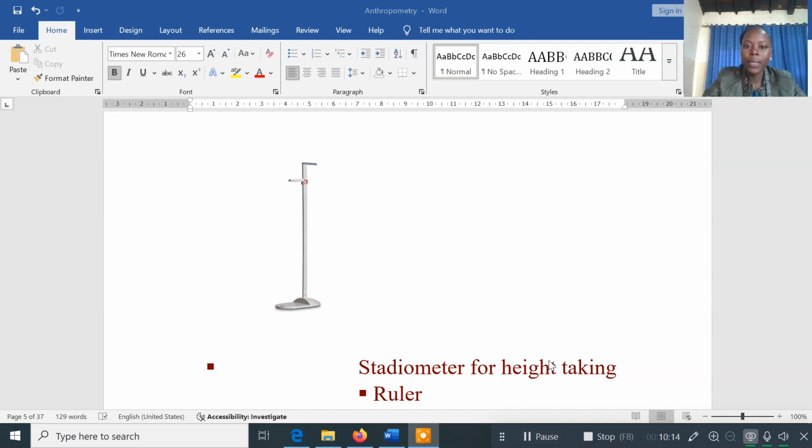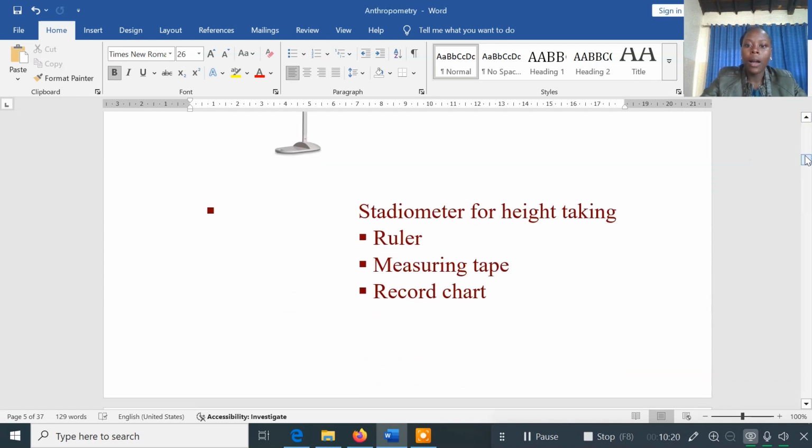Yes, so next on the requirements, we shall also need a ruler and a measuring tape. The measuring tape is going to be used to measure, for example, the waist and also the hip and also the limb length, as we saw. We shall be seeing how we use this measuring tape in detail.